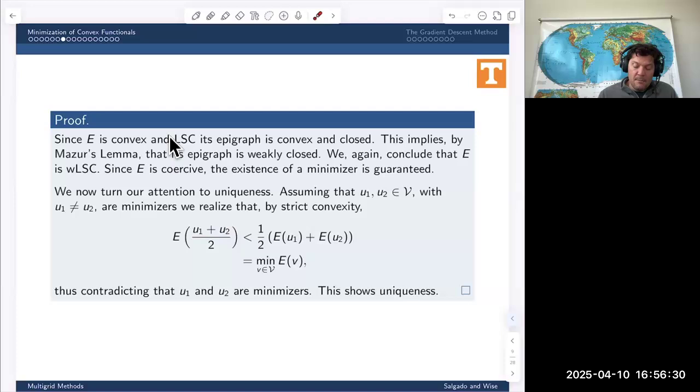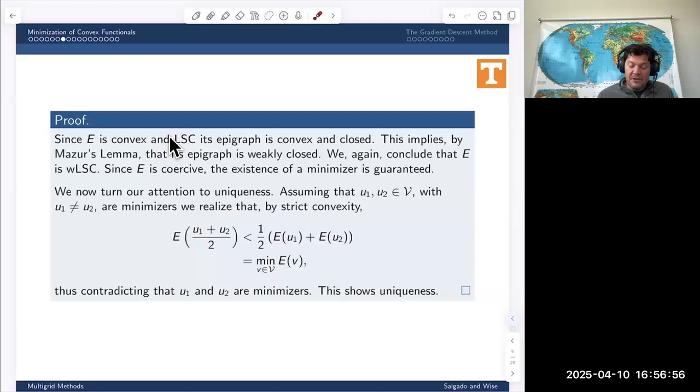The average can be computed of these two points because we can make any linear combination of the points from the Hilbert space, and so the average makes sense. When we evaluate E at the average, that just gives us a number. But by strict convexity, this is an interpolated point between U1 and U2, right?